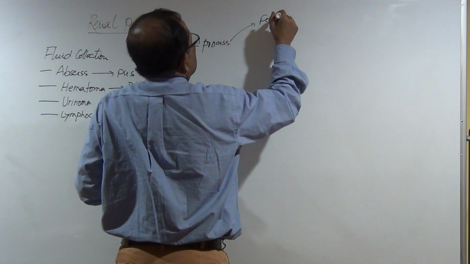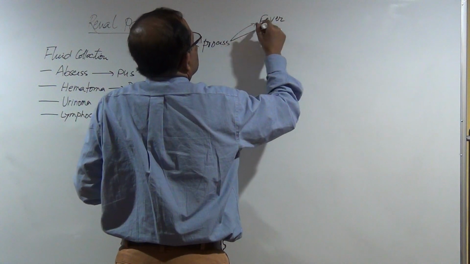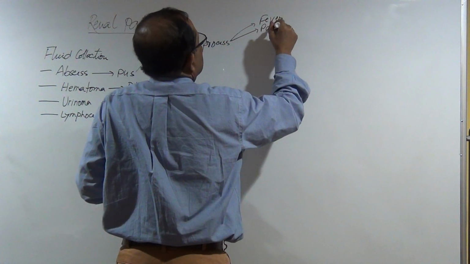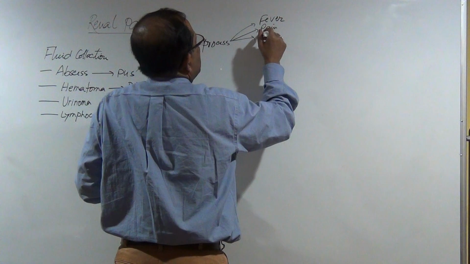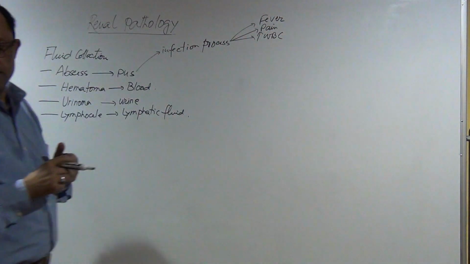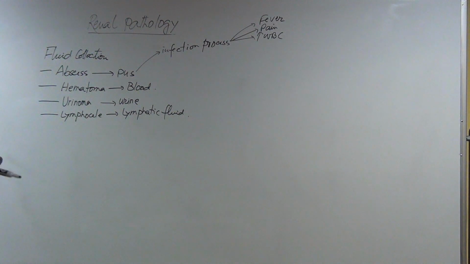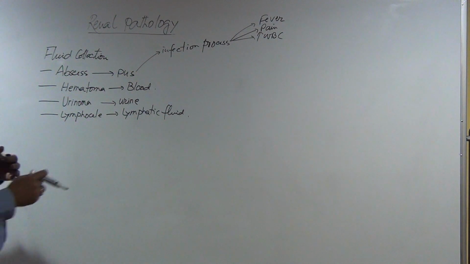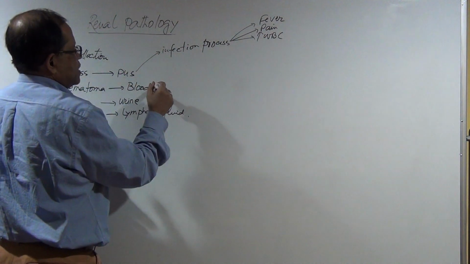So if the patient has an infection, what would be the patient's signs and symptoms? Fever, pain, and increased WBC. Right? Patient will complain of high fever, pain, WBC increased. And hematoma, there's blood.